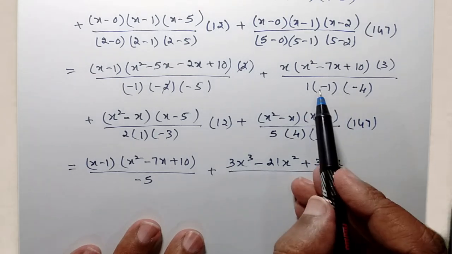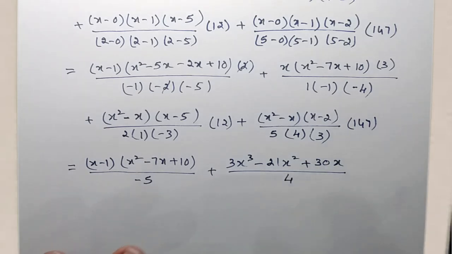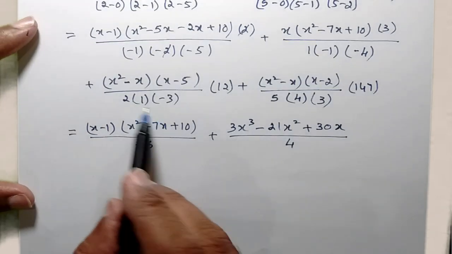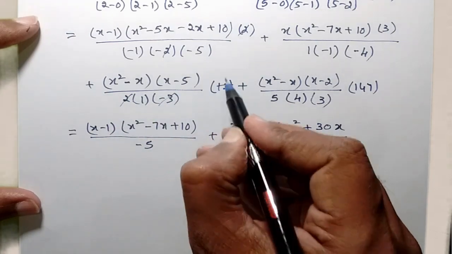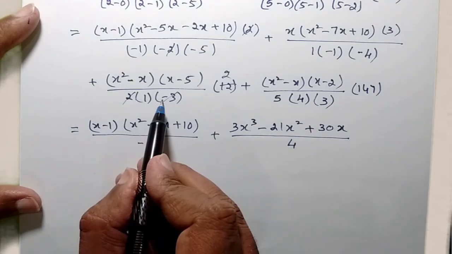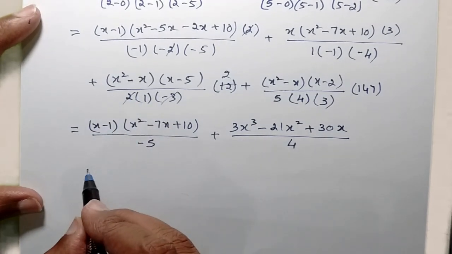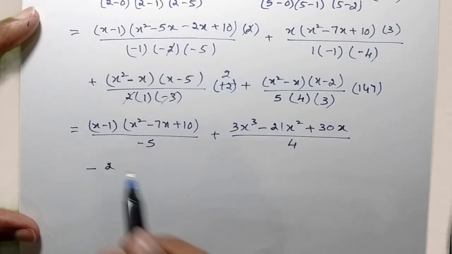Whole divided by the denominator: minus of minus will be plus, 4 times 1 will be 4 itself. Coming to this term here, 3 times 2 will be 6, 6 times 2, 12, and because the negative sign is there, negative into positive will be negative, and 2 has to be multiplied. So let me write that 2 as it is.